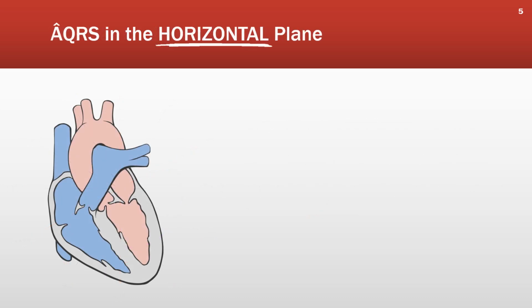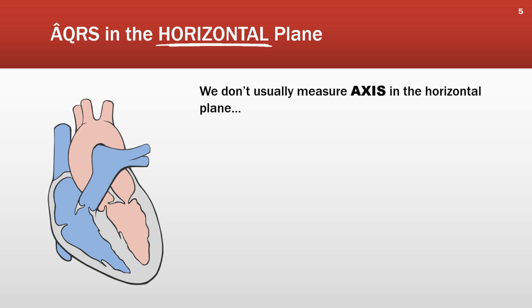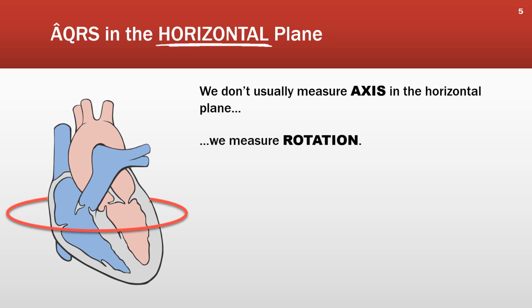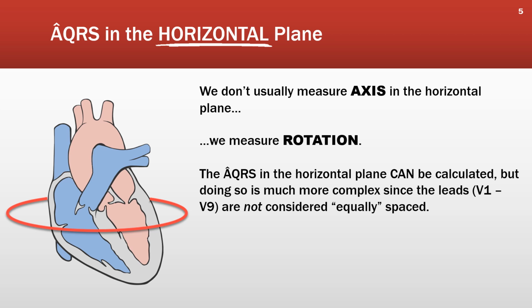The mean QRS axis in the horizontal plane can certainly be determined, but we don't usually measure axis in the horizontal plane. We measure rotation. I did it many times, many years ago, but doing so is much more complex since leads V1 through V9 are not considered equally spaced.